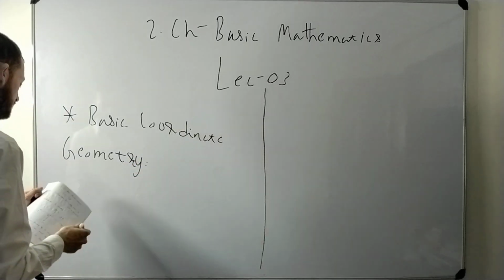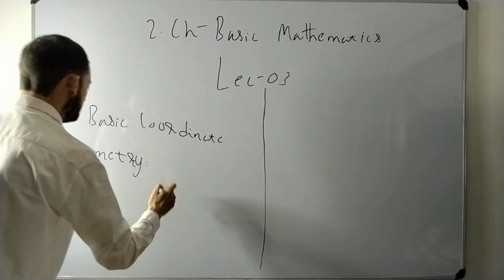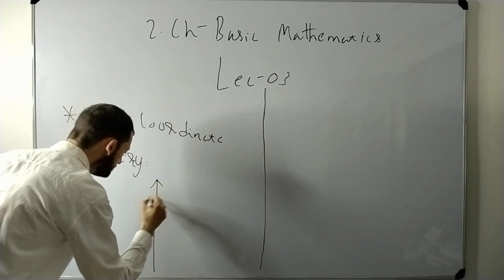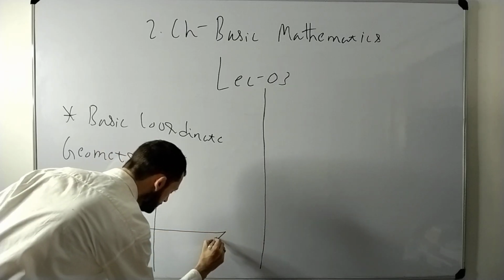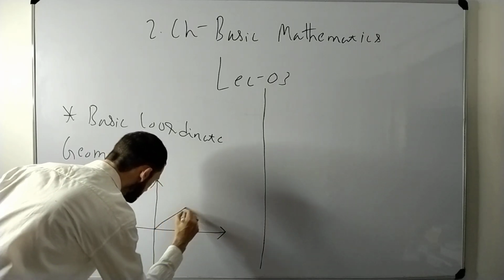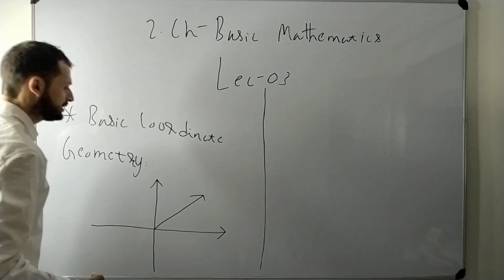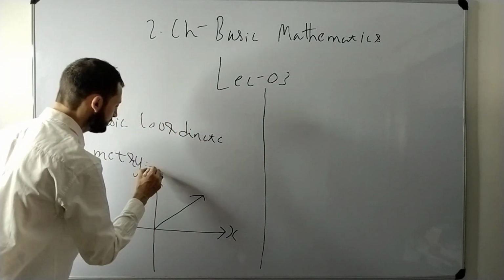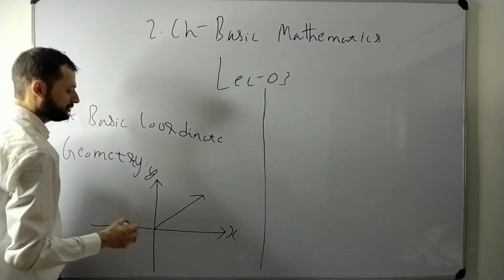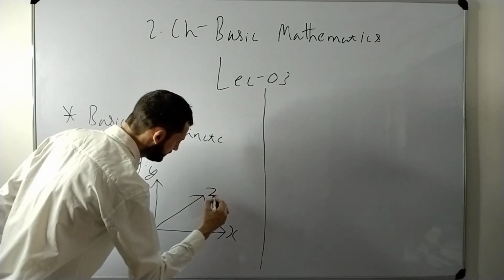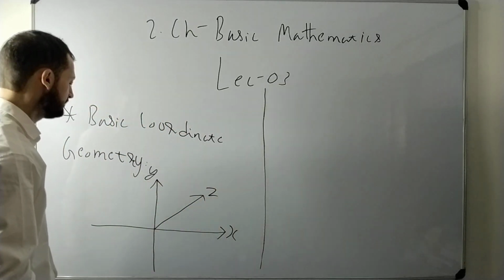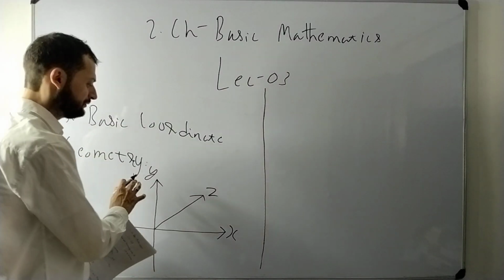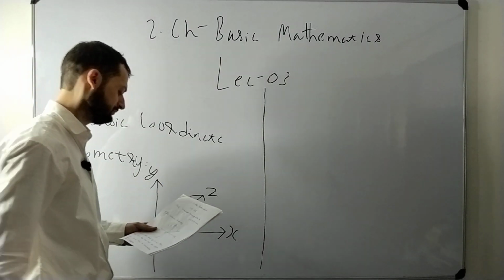So basic coordinate geometry actually says that our world is three-dimensional space, 3D space, where x happens to be one axis, y happens to be another, and z happens to be the third axis. This makes our world a 3D world or 3D space.